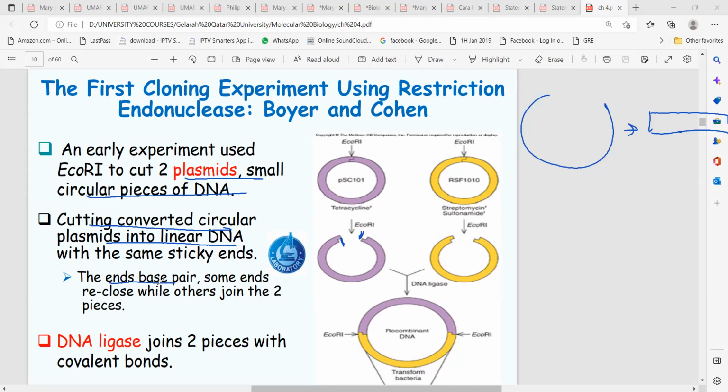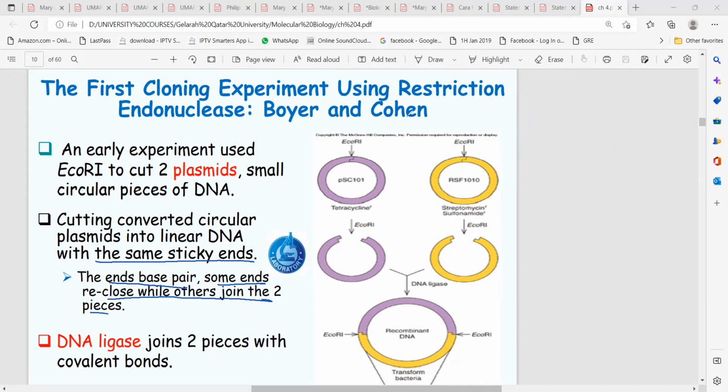When you are cutting a part of it, it is no more circular. With the same sticky ends, the ends base pair and rejoin the two pieces.